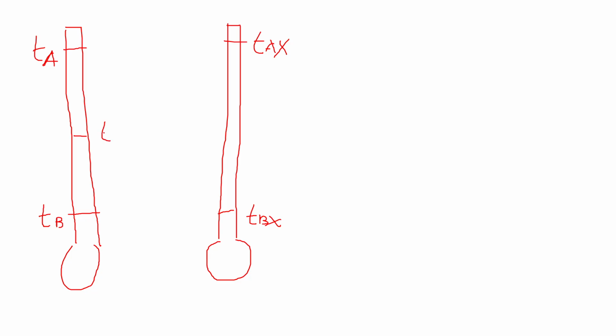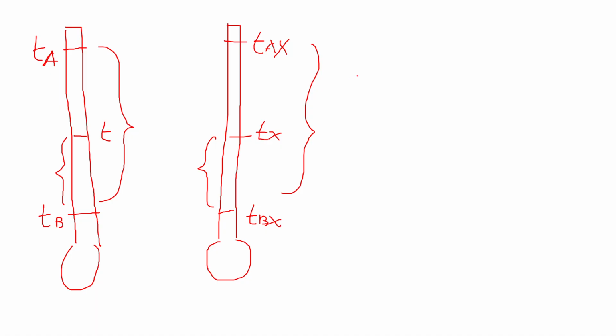Now, let's say this is T, and this is TX. How can we find this? Well, it's simple. The ratio between this and this is the same as the ratio between this and this. How do you write it?